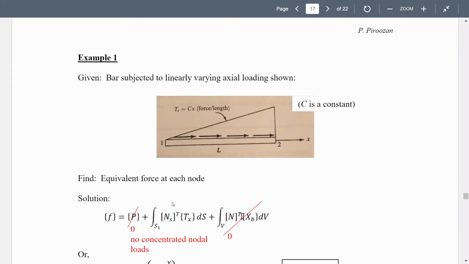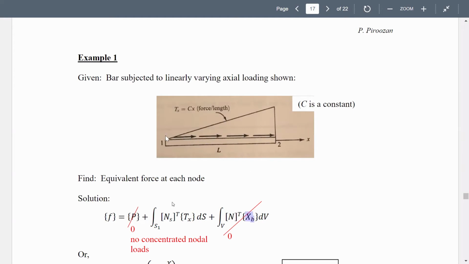This one represents body forces. It is due to weight, for example, like the density of a structure, if we want to include the weight of a structure. This is force per unit volume. In this problem, do we see any force per unit volume anywhere? No, it's not weight or anything.